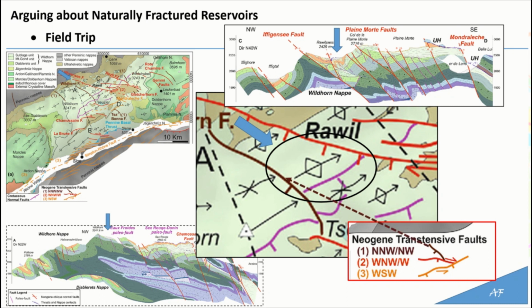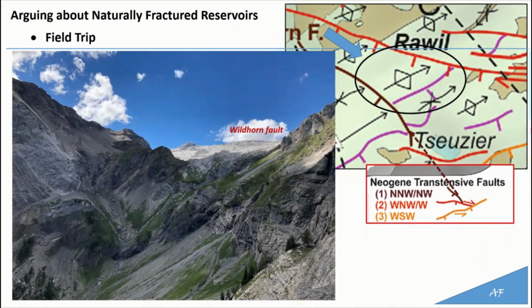The fault bordering westward our area of interest is referred to the north-northwest set, and this specific fault is named the Wildhorn Fault. It is described as a normal oblique fault that accumulated an offset of about 300 meters on a 3 km fault length, cross-cutting the whole Cretaceous sequence and transecting both pre-existing Cretaceous synsedimentary faults and Alpine thrusts.